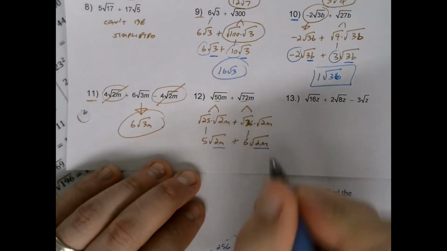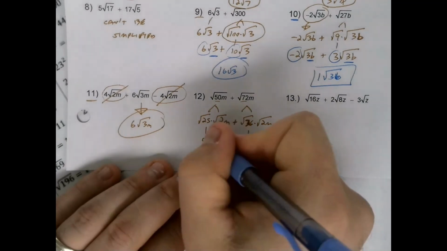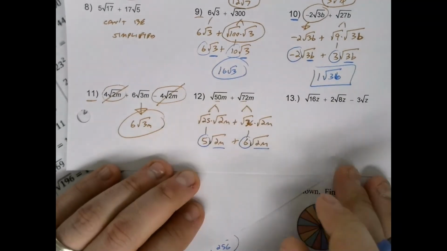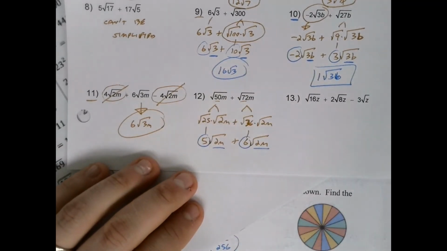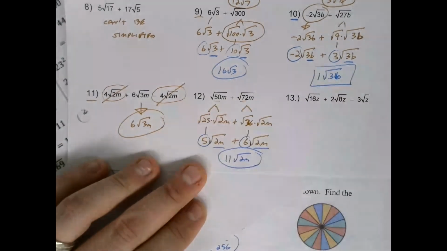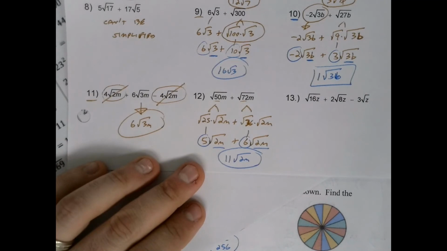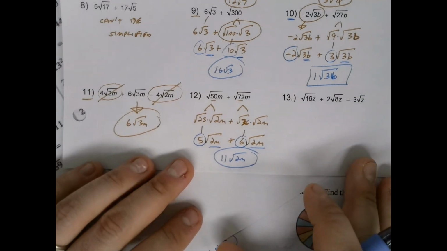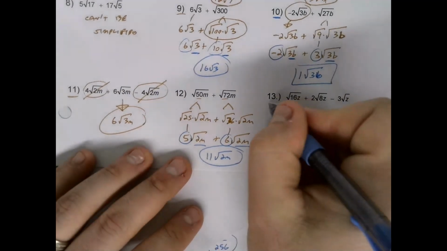Exact same radicands. So what do I do with these numbers out front? 11. How many do I have now? 11 root 2m's. Not so bad. So really, it's just, you see, it's an extension of what we've covered. Okay? All right. Take a look at this one.